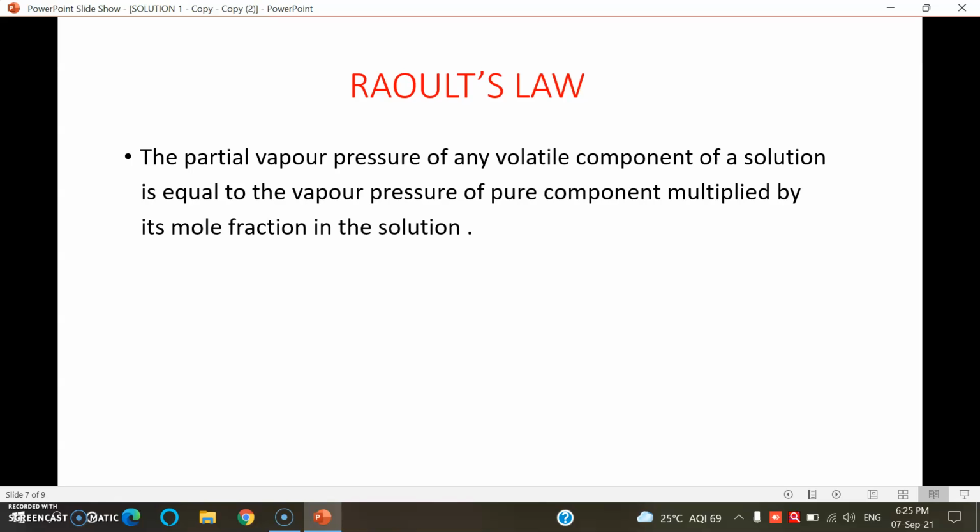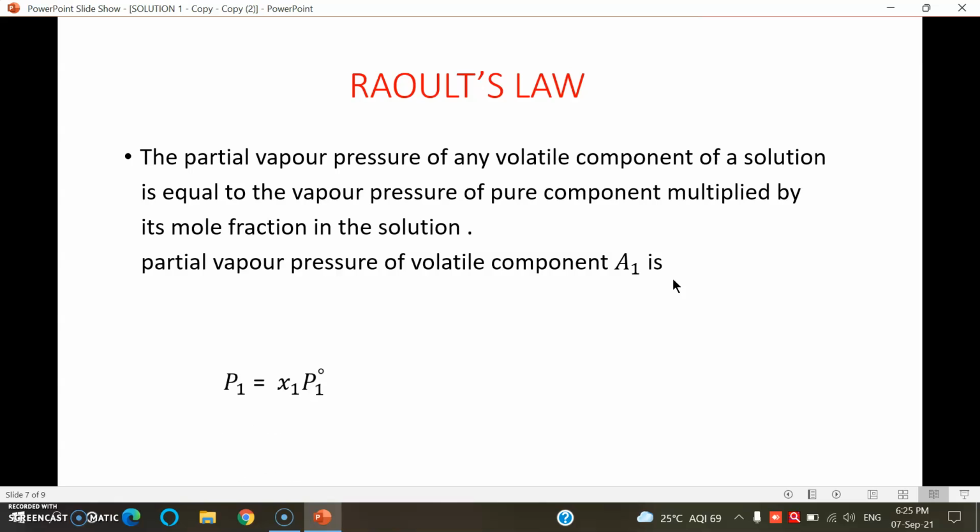So the partial vapor pressure of volatile component A1 is P1 is equal to P1 naught into X1, where P1 naught is the vapor pressure of pure component A1 and X1 is the mole fraction of A1.